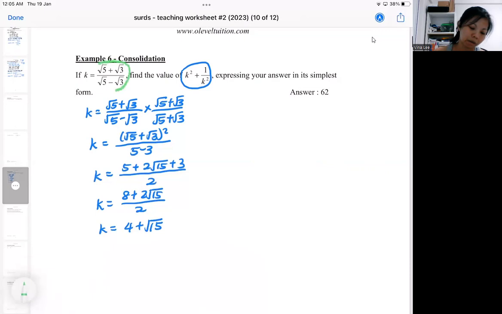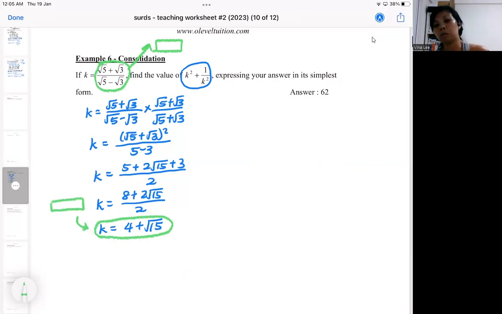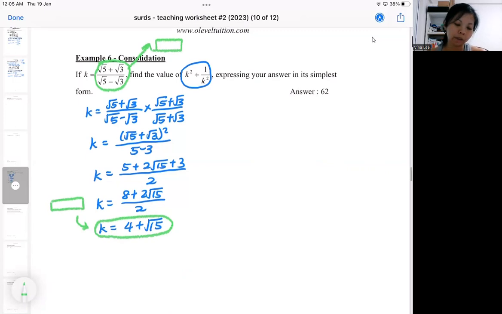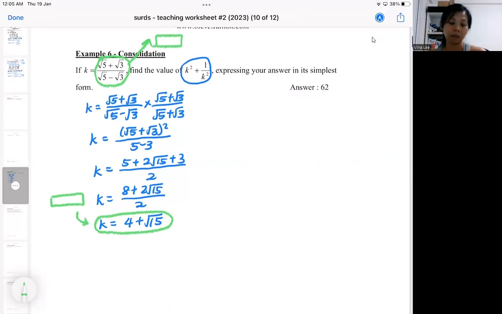Because you simplify the K by rationalizing, before you carry on, I suggest that you go and punch calculator here. Punch this decimal, punch this decimal. Make sure you tally the same decimal so that nothing goes wrong. Then the expression that you want is K squared plus 1 over K squared.